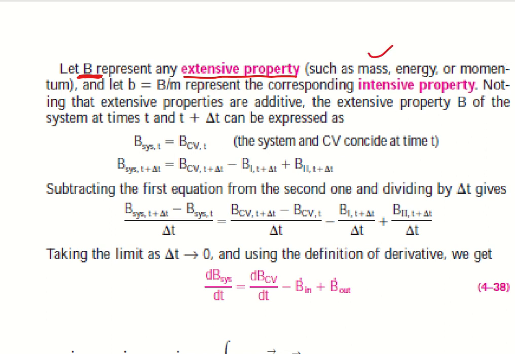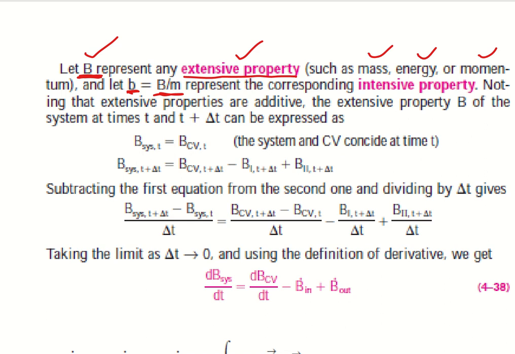It could be mass, it could be energy, momentum, angular momentum, etc. And small b is called the corresponding intensive property of that extensive property, let's say B. So B by M is known as intensive property. Now we know that extensive property is additive in nature. We can add and we can subtract.